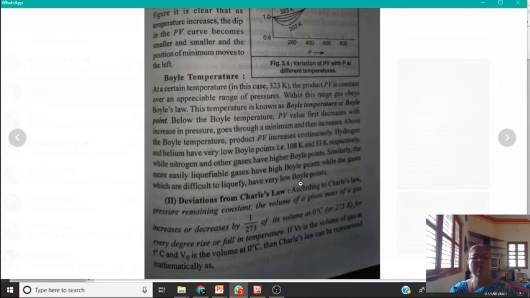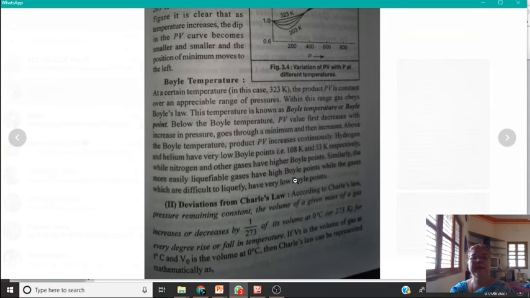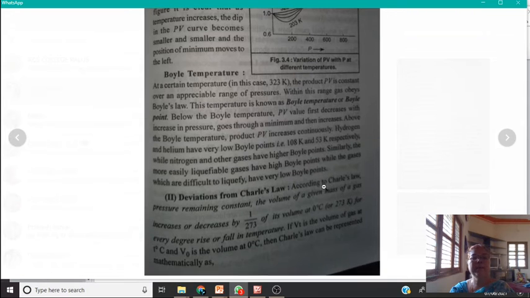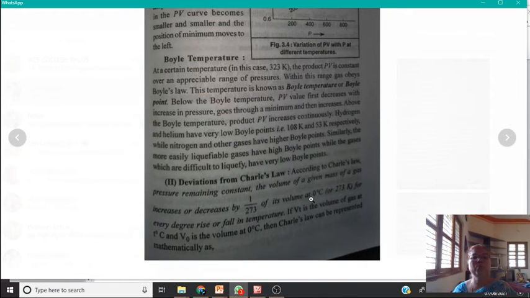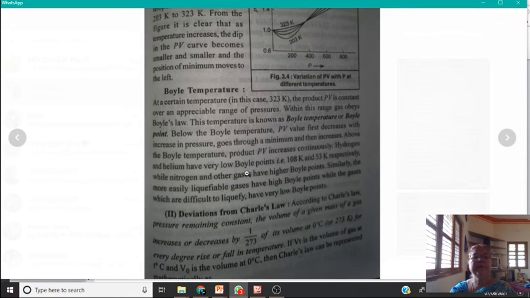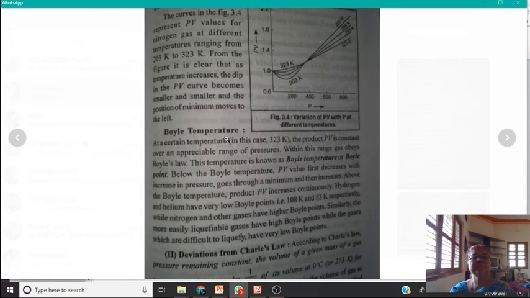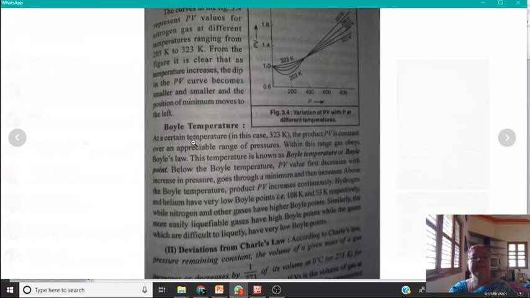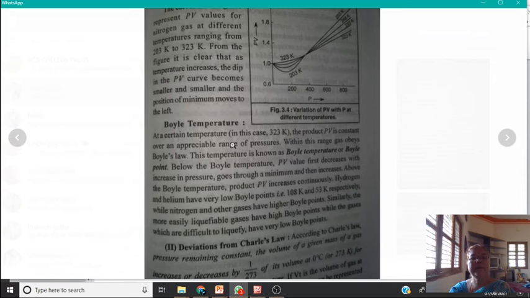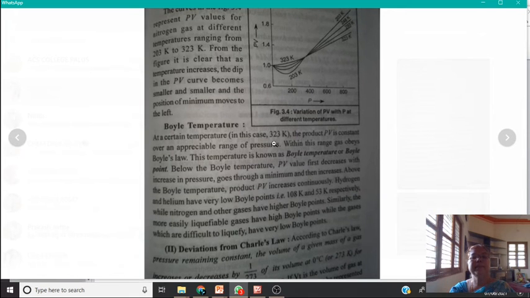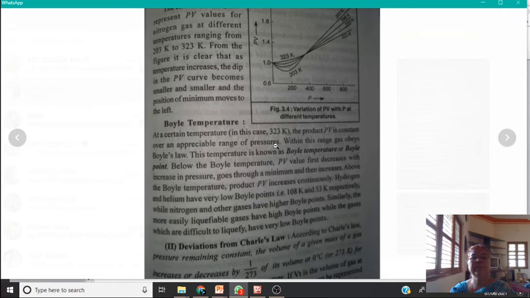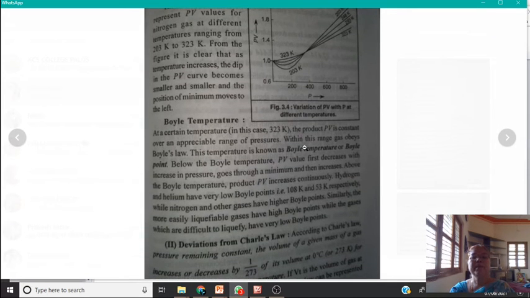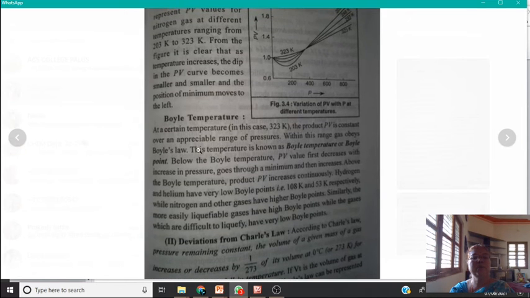Similarly, the more easily liquefiable gases have high Boyle points, while the gases which are difficult to liquefy have very low Boyle points or Boyle temperature. Once again, I repeat, what is the Boyle temperature? It is the temperature at which, in this case of nitrogen, 323 Kelvin, the product of PV is constant over an appreciable range of pressure.